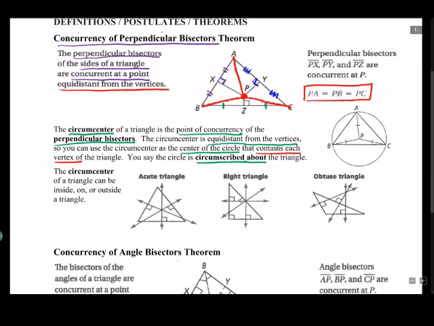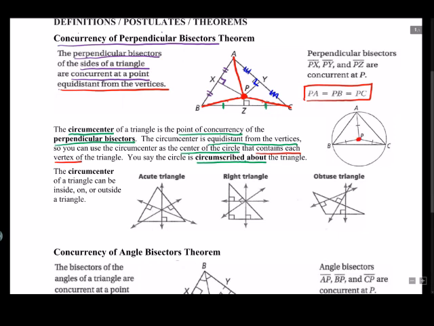Look at that word. That word tells you what it means. Scribe means to write. Circum means to go around the outside. Think of circumnavigate the globe. Circumference of a circle. So we are drawing a circle around the outside.